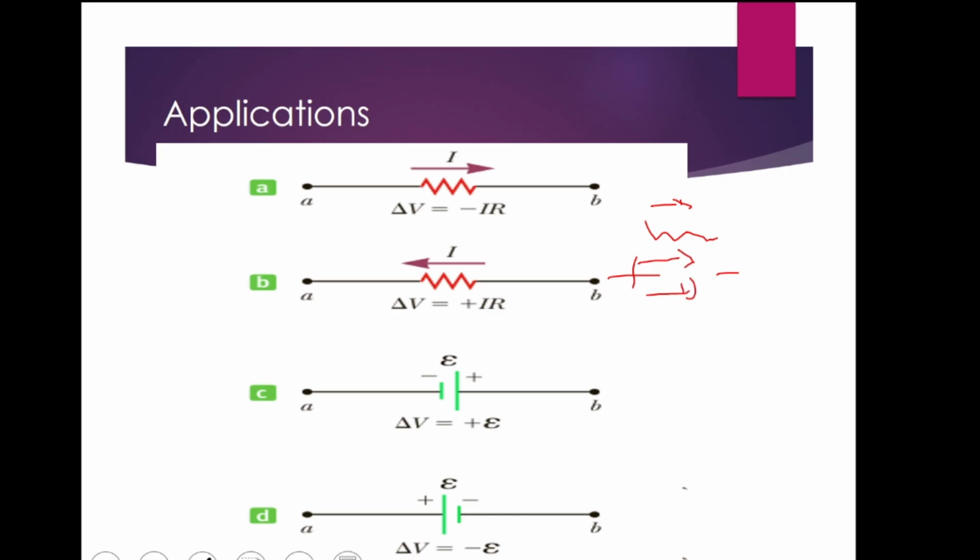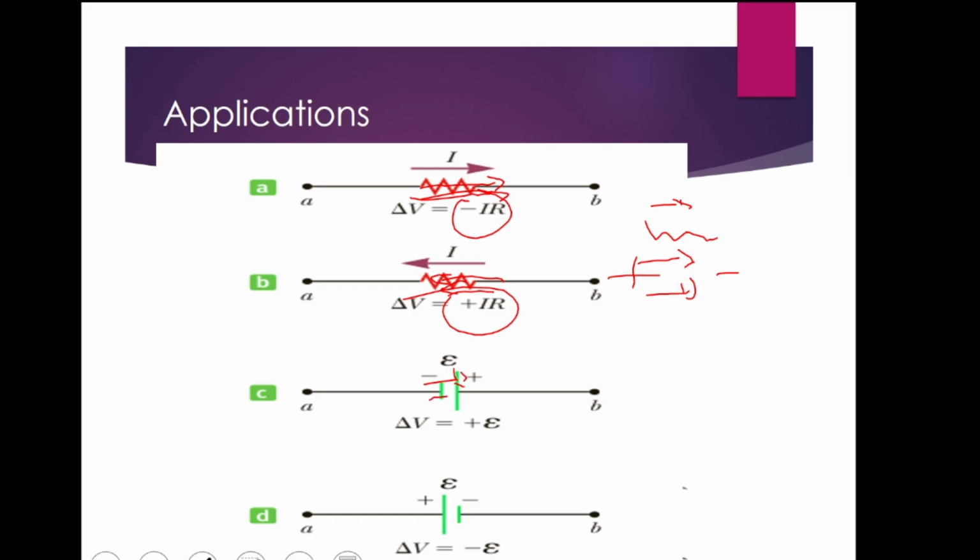If you are moving across it, in the direction of conventional current, you don't need any external energy, because conventional current always flows from the positive terminal to the negative terminal, and the electric field is in that direction. If you are moving across the electric field, you don't need any external force, so you lose this energy, so it's negative. That is a voltage drop. If you are moving against the electric field, you need external energy, so it's positive.